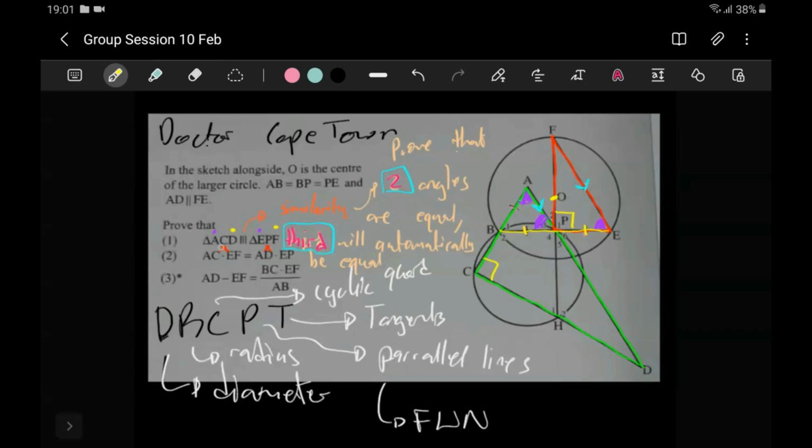Remember, we said always use the letters in your question to help you see which ones are equal. Then you should know they're equal, and you should just find reasons why. So we know this is 90, and we need to find a way to show that this is also equal to 90. Now, this is what I would do.